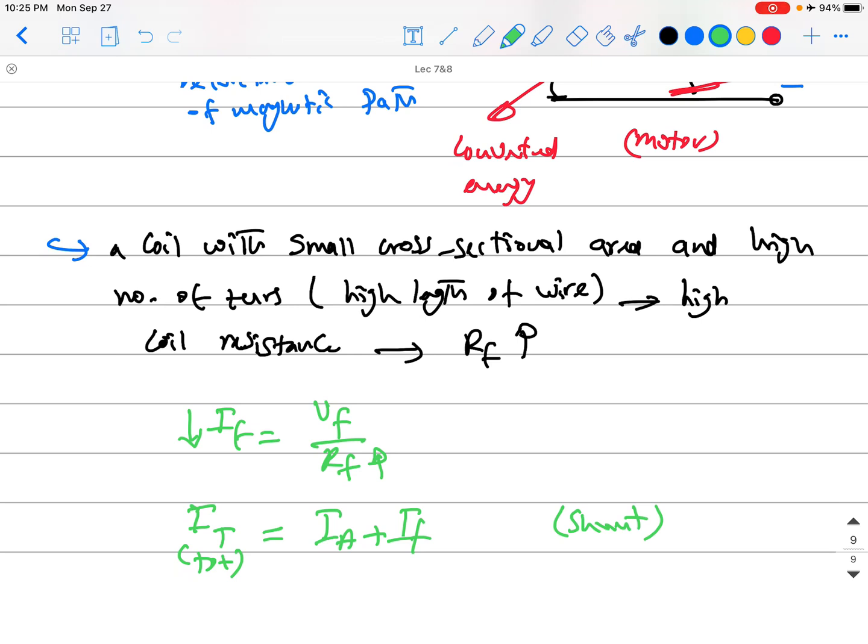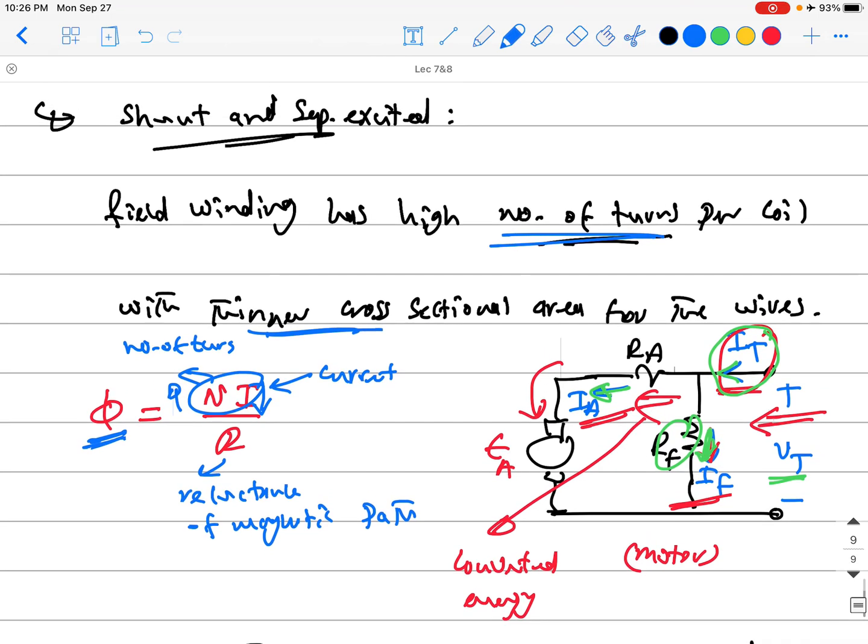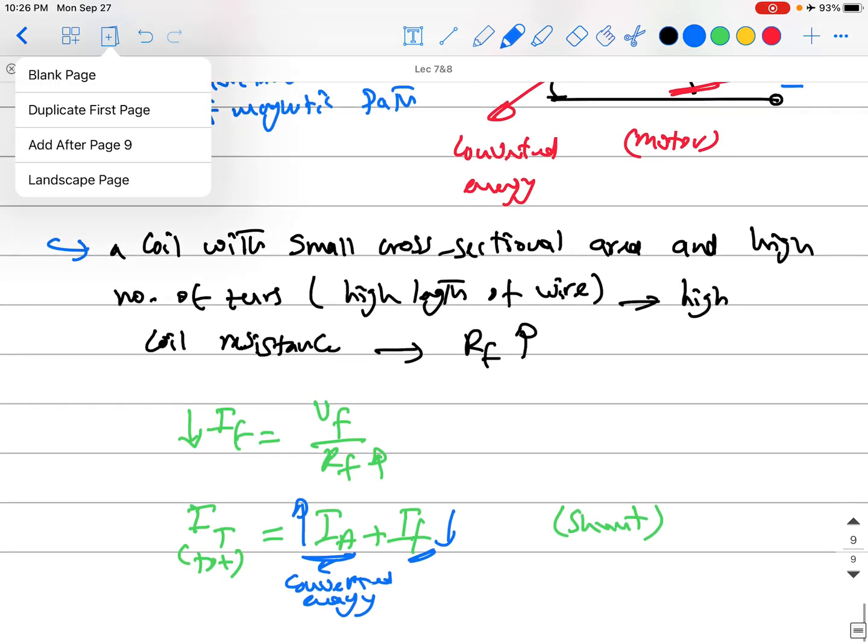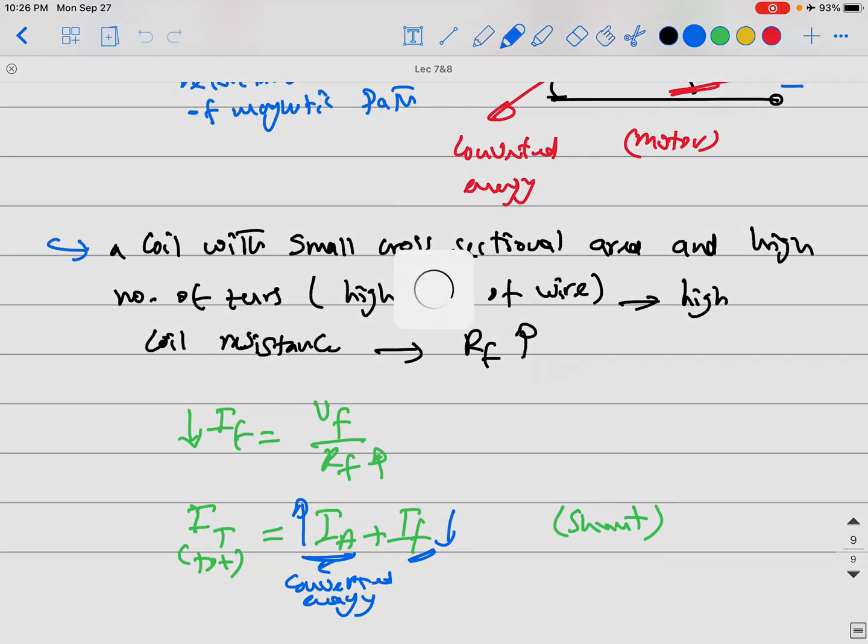So we need to minimize I field as we can to keep IA as much as we can, because IA represents the converted energy, while IF is just the one that is needed to create the magnetic field, which is your medium here. Okay, guys? I hope you get this.